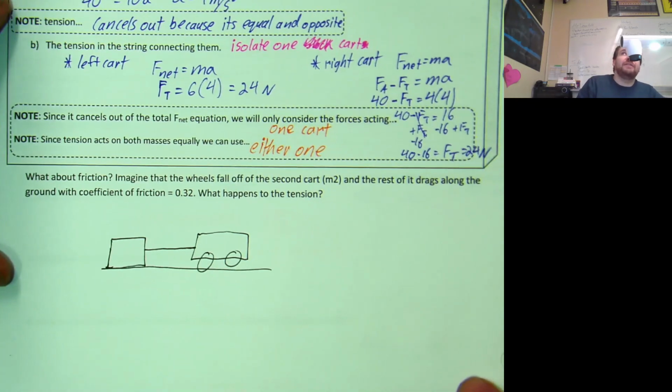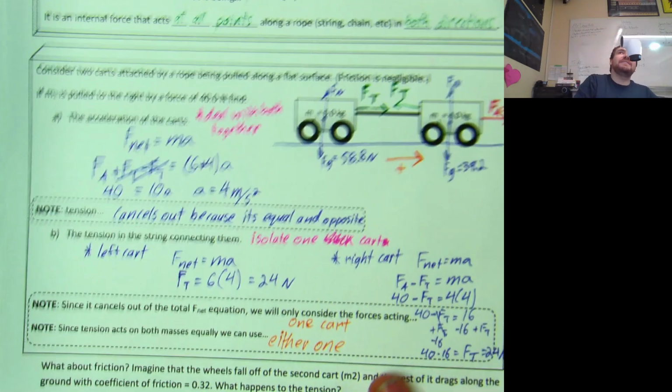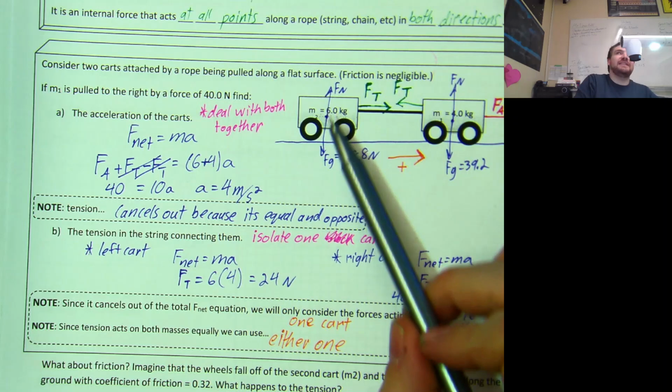So now all of a sudden, what is really important to include on these free body diagrams? Well, friction, but even before then, what did we say? Before, we didn't need those values, but now we need them. Yes, thank you. Because these wheels are now gone, this thing is going to be sliding.